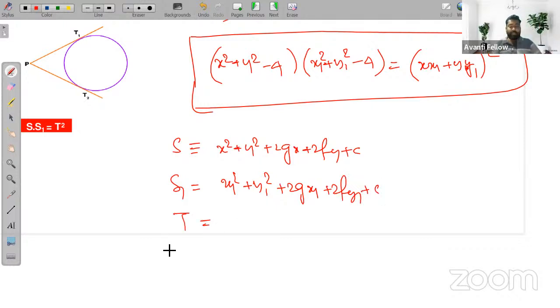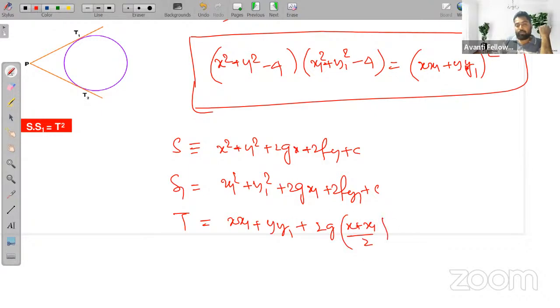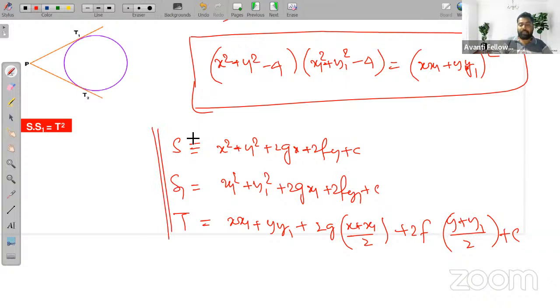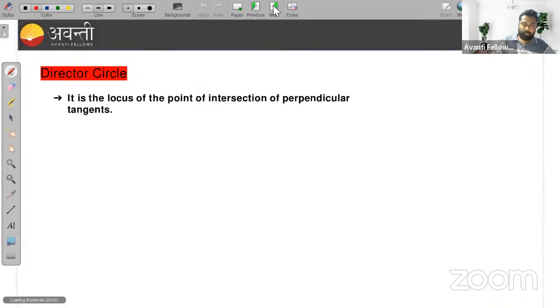By replacing x square as xx1, y square as yy1, plus 2 into g into (x plus x1) by 2, plus 2 into f into (y plus y1) by 2, plus c. This is my T. This is my S, this is my S1, this is my T. Remember, if you know these things, then you can find all the equations easily. Okay, so let's move on now.